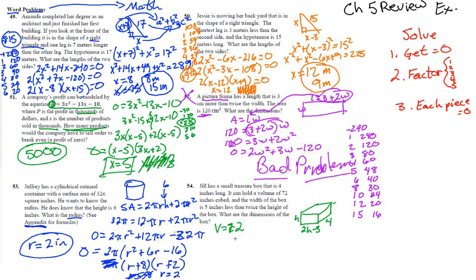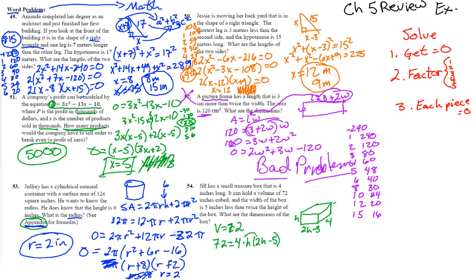So that's good. So the volume, 72. Remember the volume? We might have to look in the appendix for the formula, is length times width times height. So it's 4 times h times 2h minus 5. Let's get that right. Minus 5. Good.